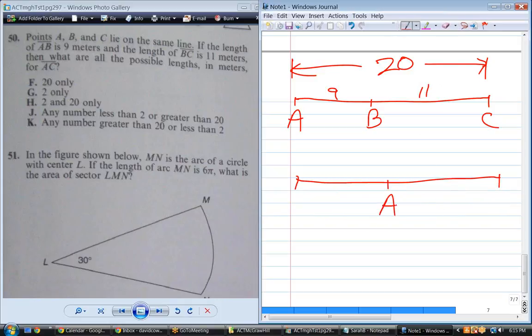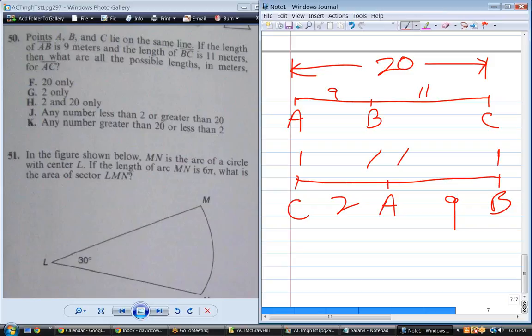Put A in the middle and it changes things up. Now, AB is 9, BC is 11. That would make AC 2. So the answer would be H? Yes. Oh. Yeah.